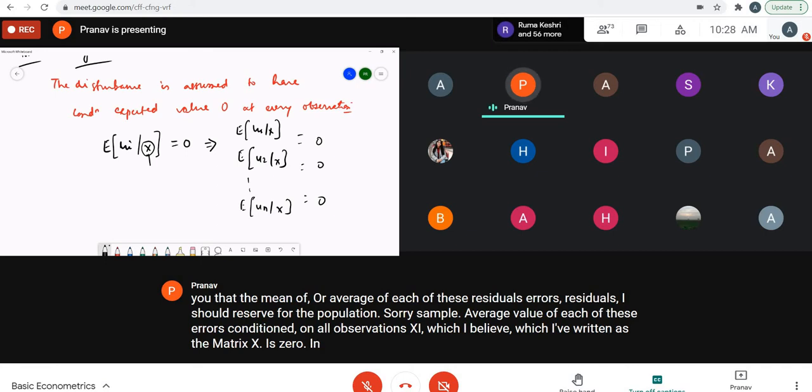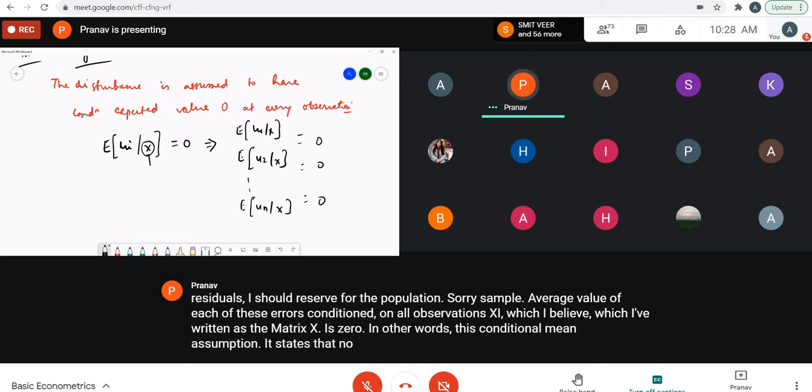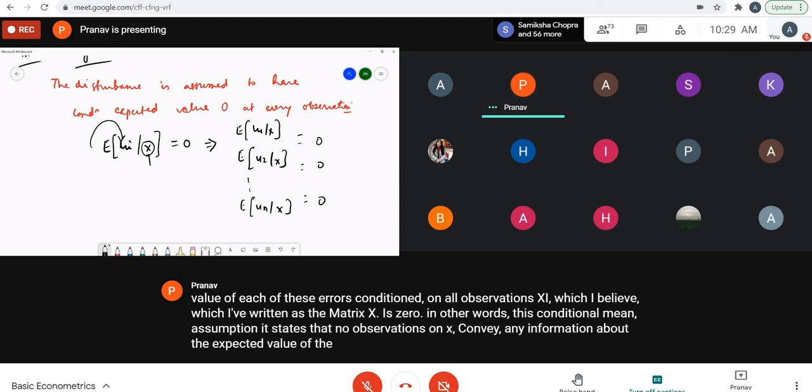In other words, this conditional mean assumption states that no observations on X convey any information about the expected value of the disturbance term.